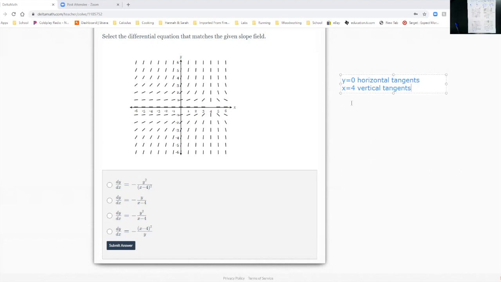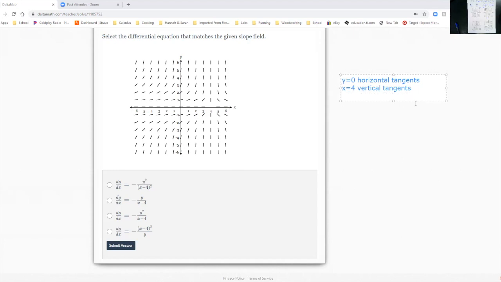Then we have vertical tangents, where it would be undefined at x equals 4. Right here at x equals 4, this one is undefined. So that's not going to help me, and I'm going to have to try something else. What happens when we plug in, let's say, the point (2, 2)?